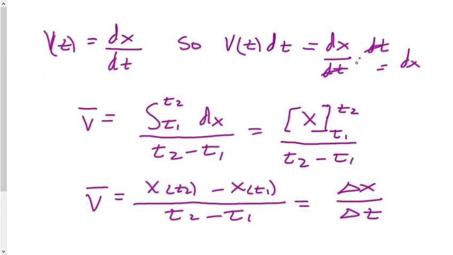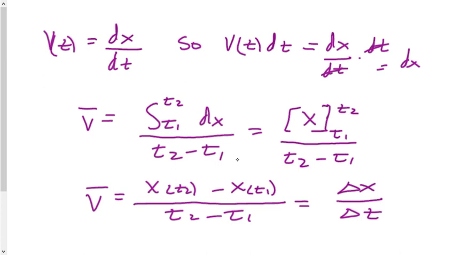So that will cross off. So what are we left with? dx. So v average is equal to the integral from t1 to t2 of dx over t2 minus t1. Well, when you take the integral of dx, you just get x, over a definite integral from t1 to t2, and then divided by t2 minus t1.